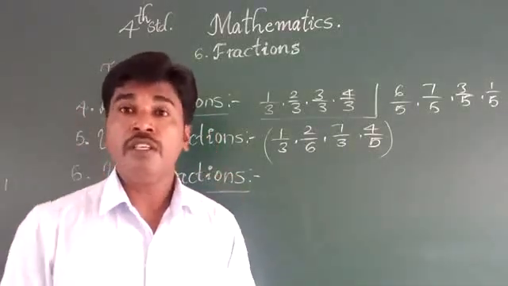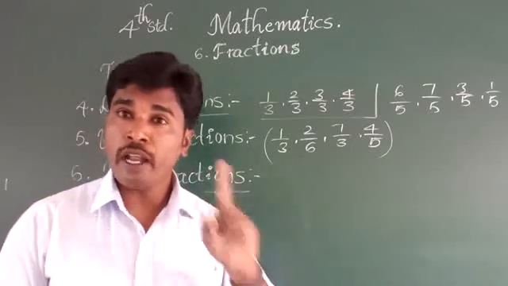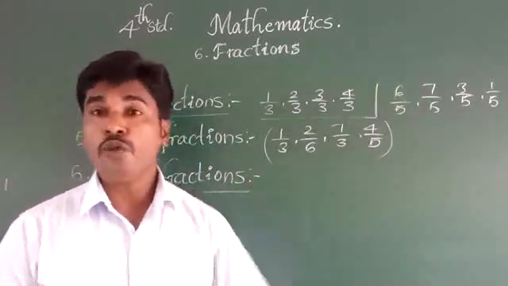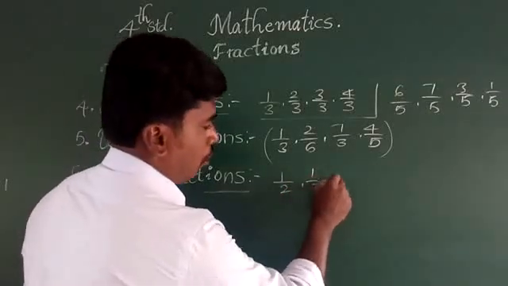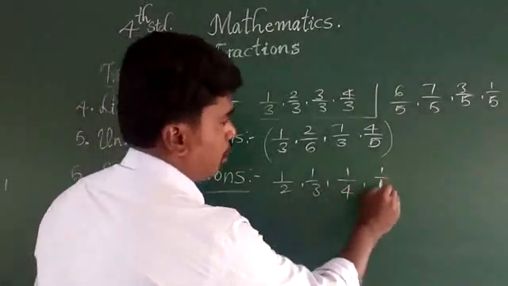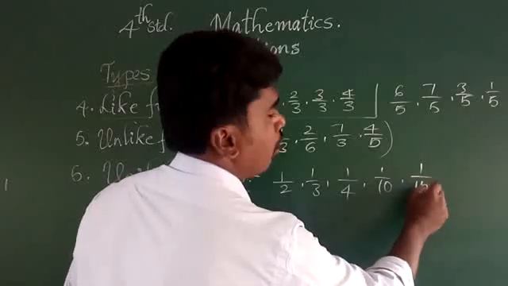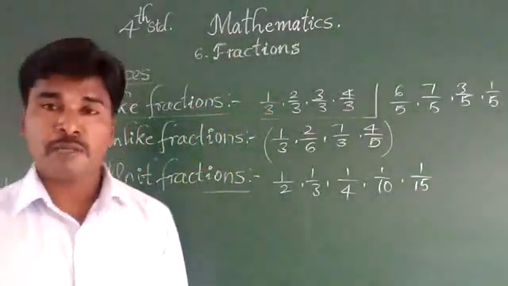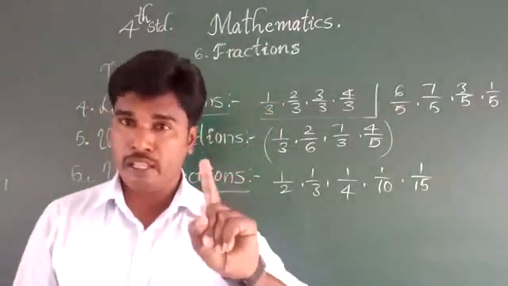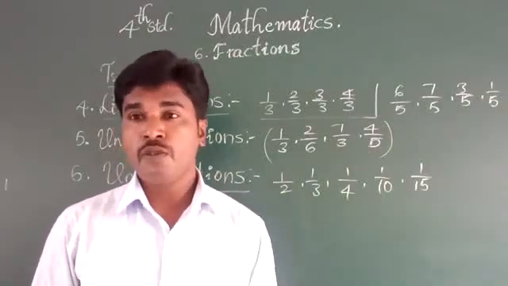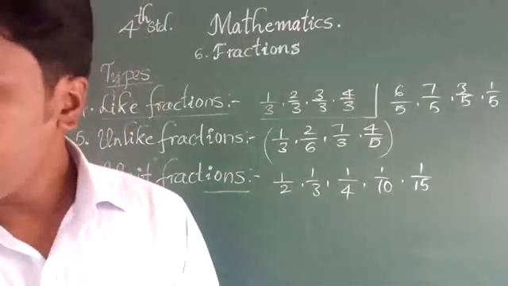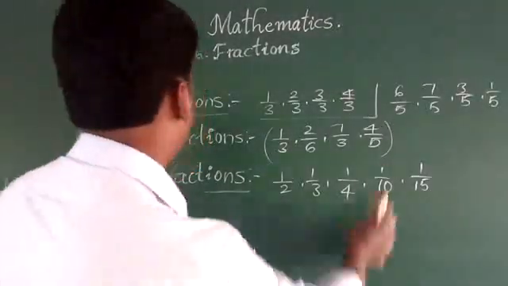Fractions whose numerator is 1 are called unit fractions. For example, 1/2, 1/3, 1/4, 1/10, 1/15. These are all unit fractions because the numerator is 1. So up to here the types of fractions are completed.